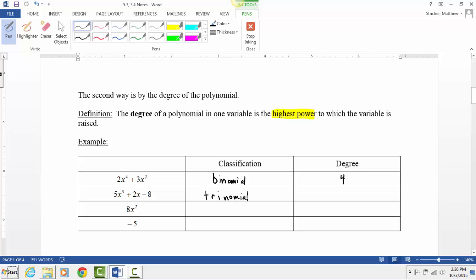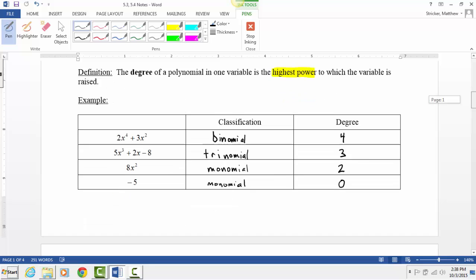And the highest power of x is 3, so the degree is 3. The next polynomial has 1 term, so that's a monomial. And the degree on that is 2. And the last one is again a monomial because there's 1 term. Now this one has no x's, so x we could think of as raised to the 0 power, which makes it degree 0.